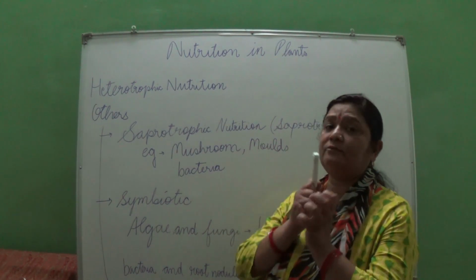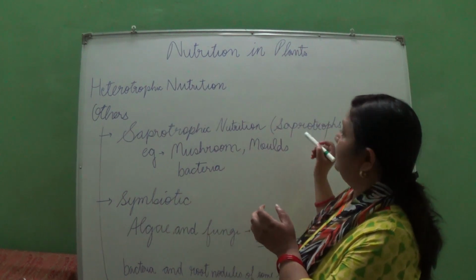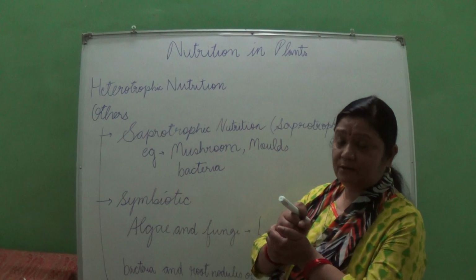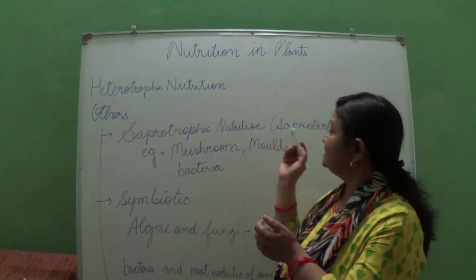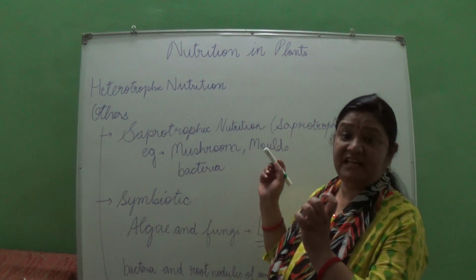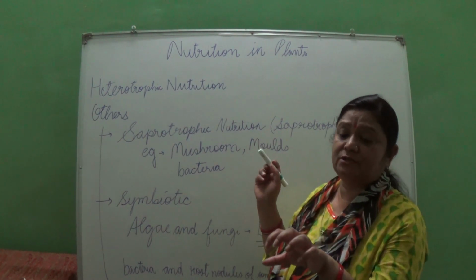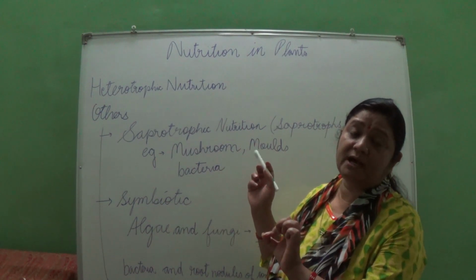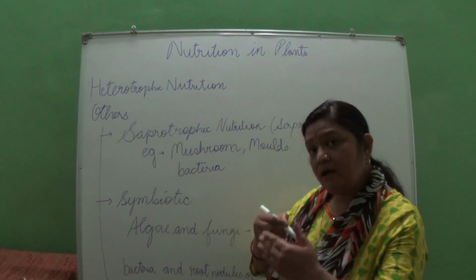How do they take the food from the dead and decaying matter? Can they take it easily? No. They are microscopic in nature. So in these saprotrophs there are some digestive juices present. They secrete digestive juices on the dead and decaying matter. It simplifies it to simple sugar, and then they take in the food.